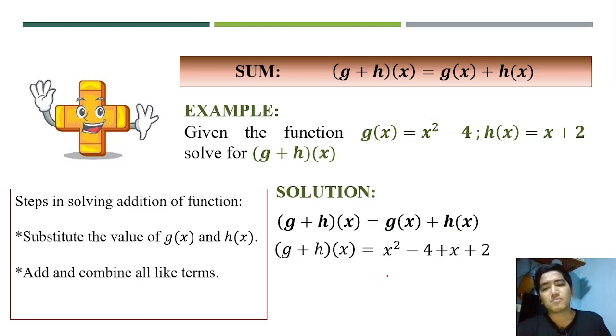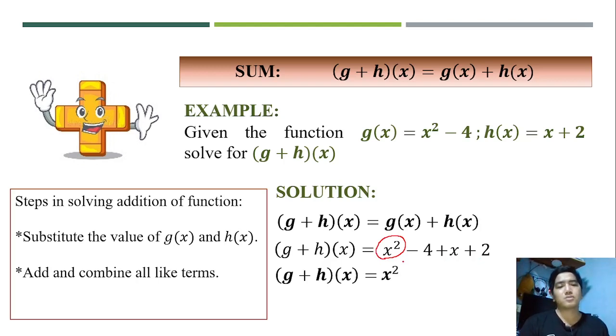And then we simply combine all like terms. So g plus h of x is equal to, since this is x squared and there is no other term remaining with a square, we simply bring down our x squared. Next, we have here the term with x. There is no other term with x, so we just bring down positive x.